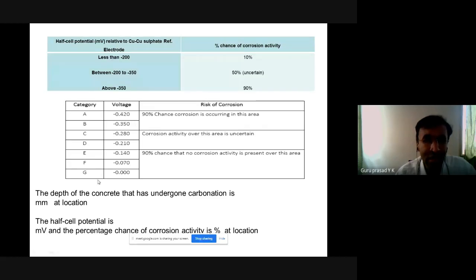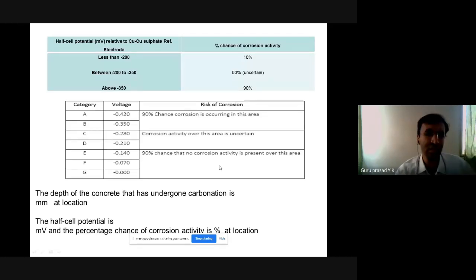Initially, in the category of 0 millivolts, that is very rare to get that value. You will get a small amount, around 70 millivolts, that is 70 divided by 1000. A value of -70 millivolts or -140 millivolts is put into the category where there is a 90% chance that no corrosion activity is present in that area.